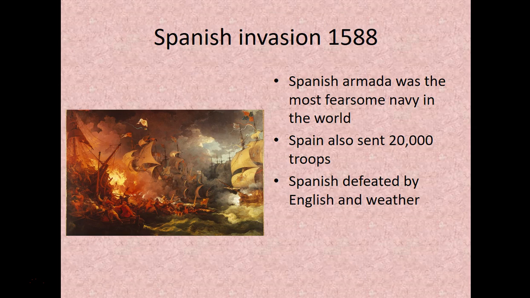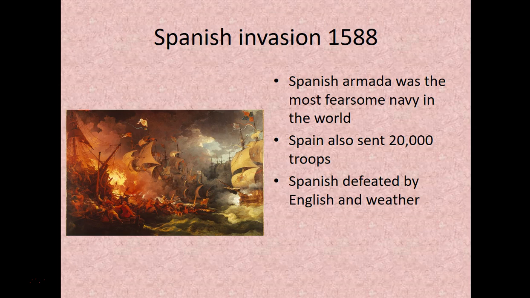The English Navy met with the Armada, and they were able to nullify the advantages of the Spanish fleet, and were actually able to defeat the Spanish in battle, and the Spanish then were forced to sail north through the North Sea up around Scotland to try and get home.